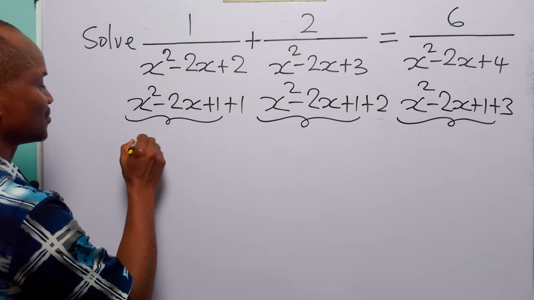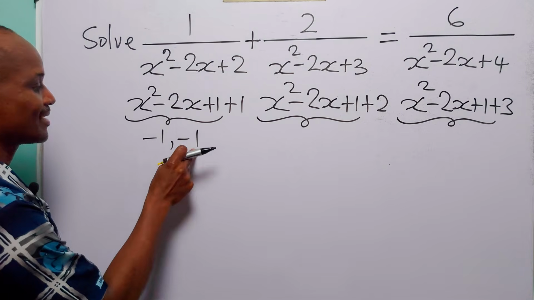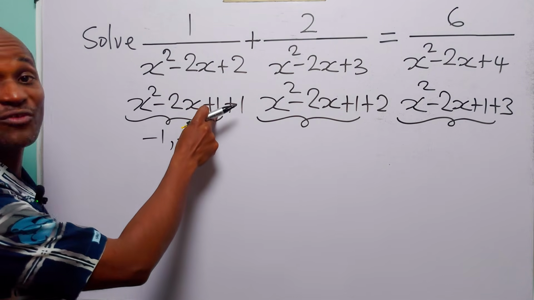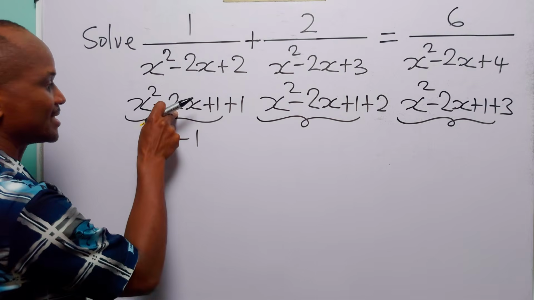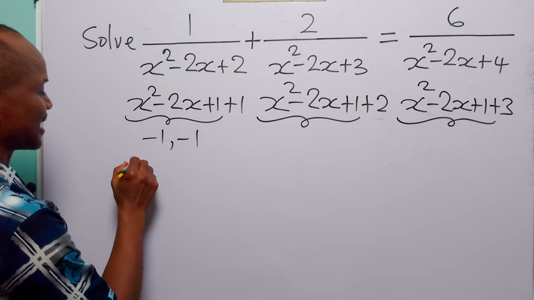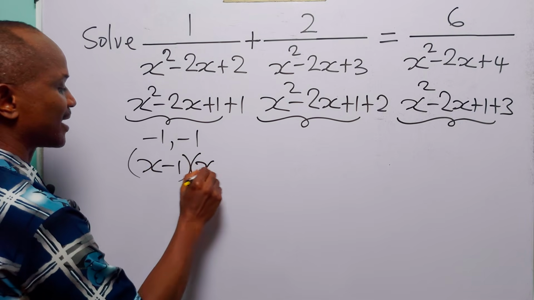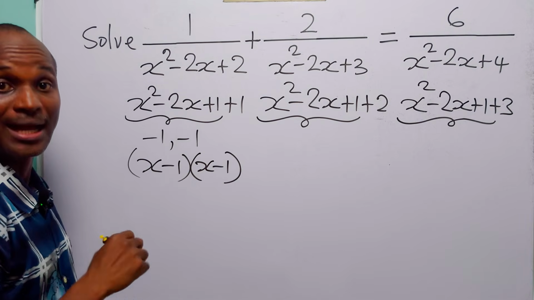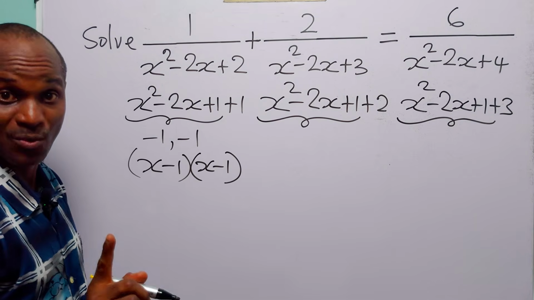And of course, you know that those are minus 1 and minus 1, because minus 1 times minus 1 is going to give us plus 1, while minus 1 plus minus 1 is going to give us minus 2. So that means that we can write this as x minus 1 multiplied by x minus 1. And of course, you know that this is simply x minus 1 squared.